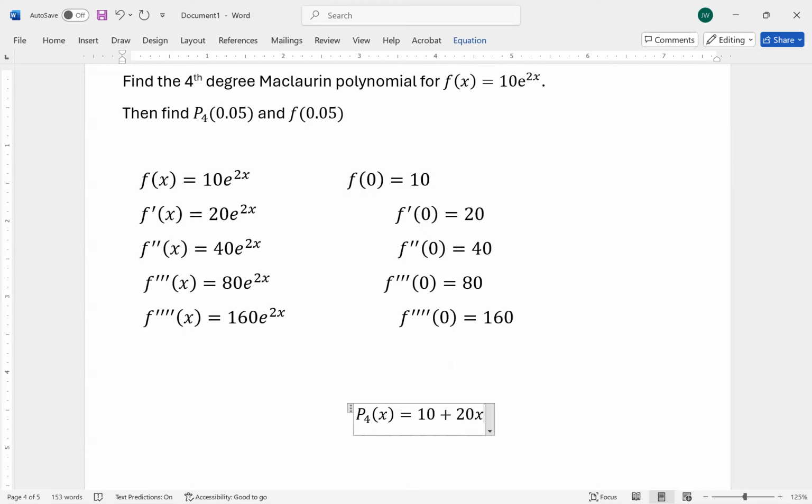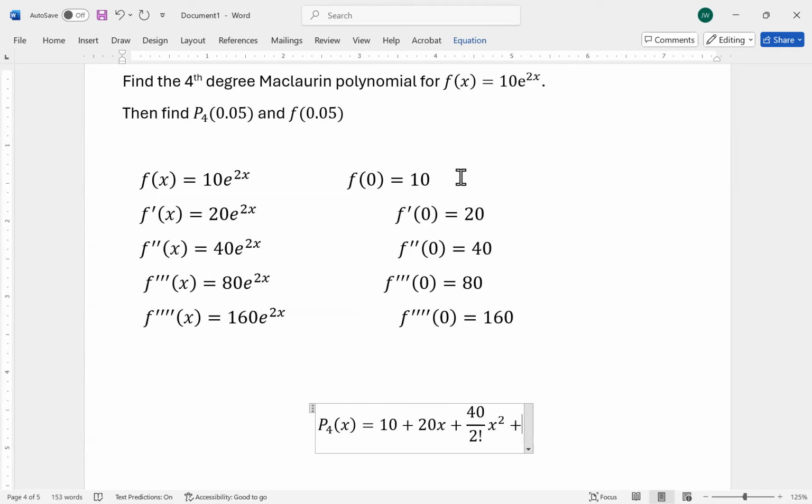This is Maclaurin, so x minus 0 is just x. Second derivative would be 40 over 2 factorial, x squared.